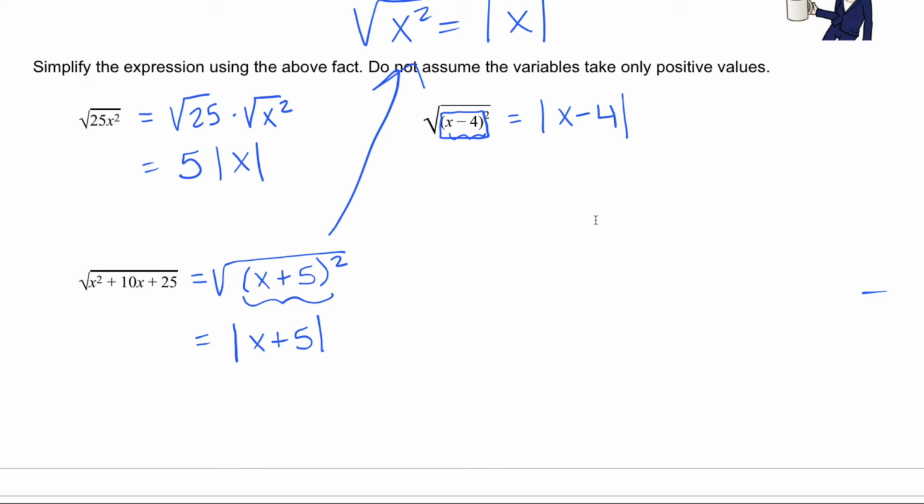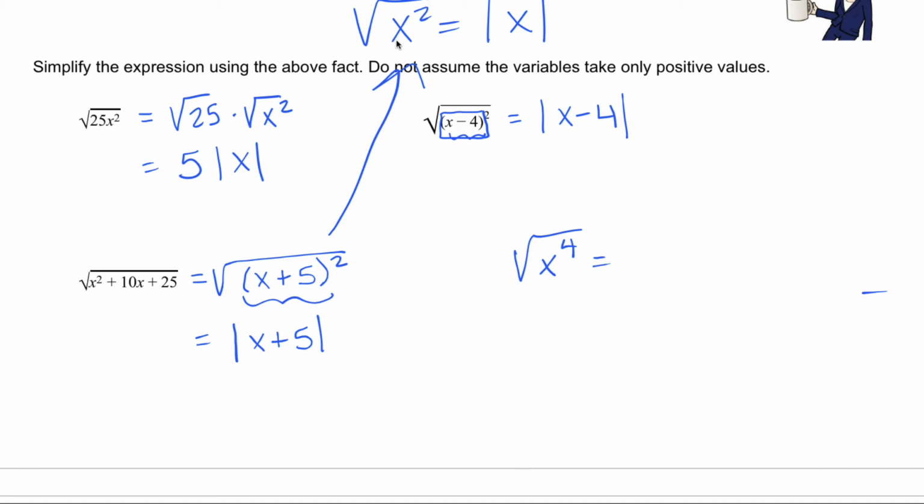So one more that I'd like to talk about that I didn't type up for you. Let's talk about the square root of x to the 4th. We don't have a separate fact for the square root of x to the 4th.